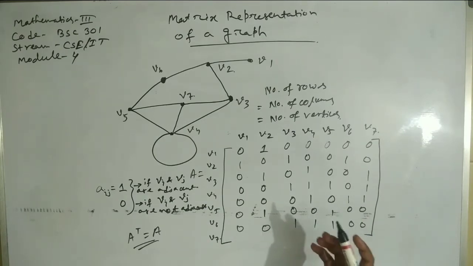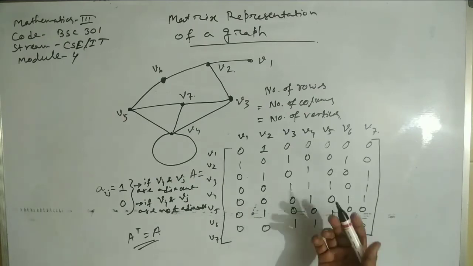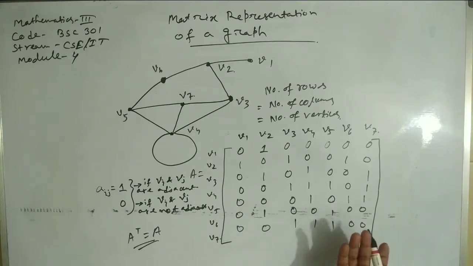Now, from an adjacency matrix, we can also draw the graph. If an adjacency matrix is given, we can draw a graph.